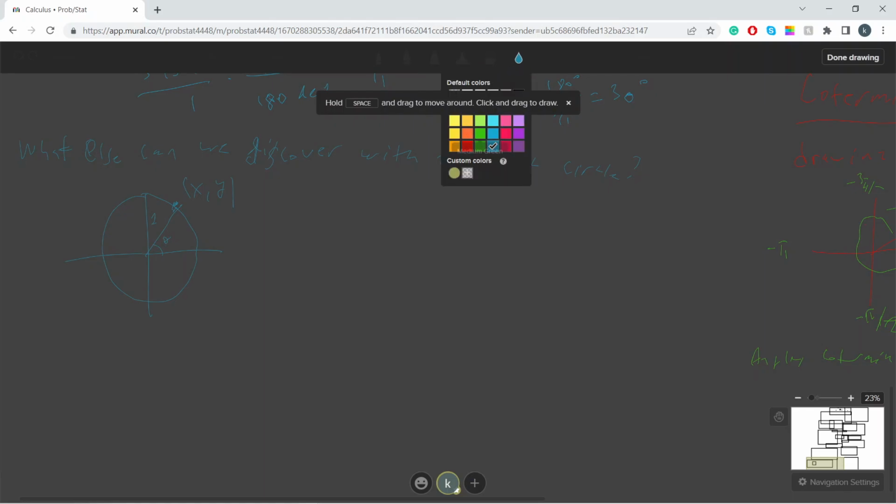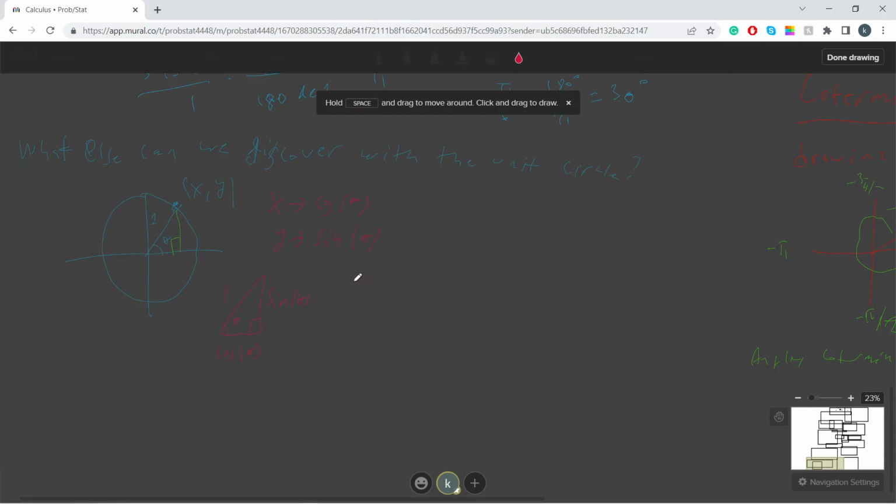And what we can do with this is use a trick we discovered by drawing this right triangle right here. So what do we know? Well, we found out that x maps to cosine of theta and y maps to sine of theta. We have a right triangle here with hypotenuse 1. This side here is cosine of theta, and this vertical side here is sine of theta, and we have our theta right here.